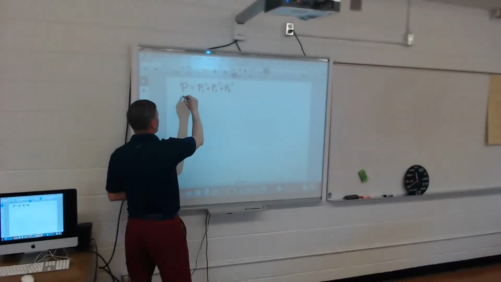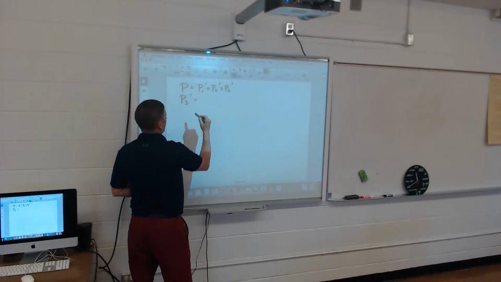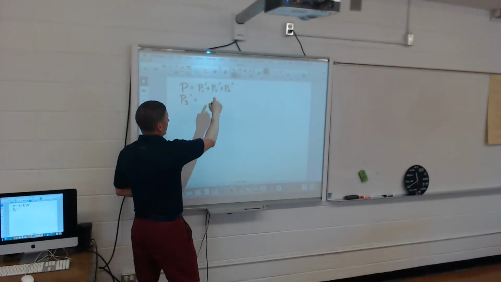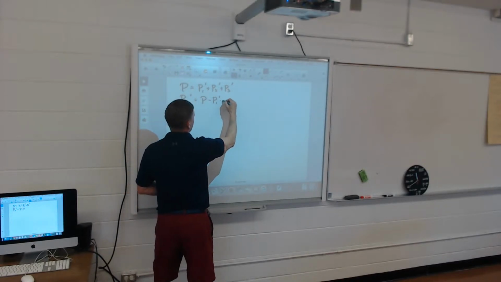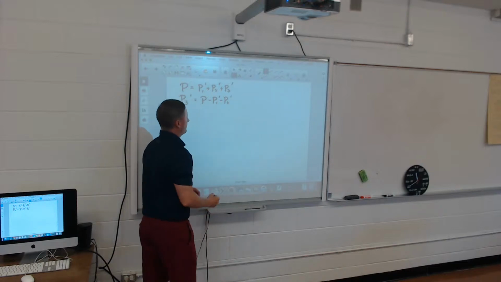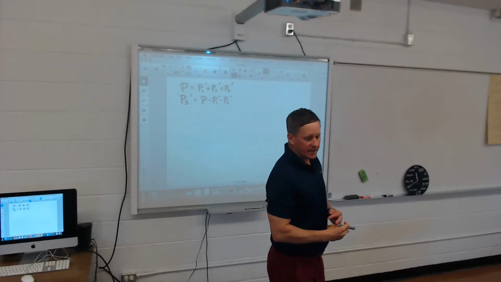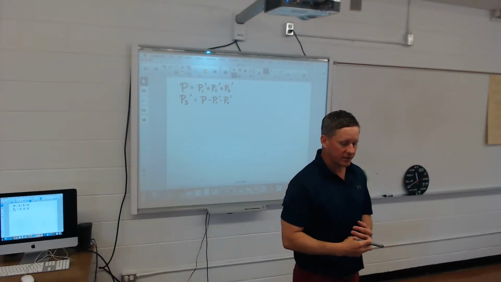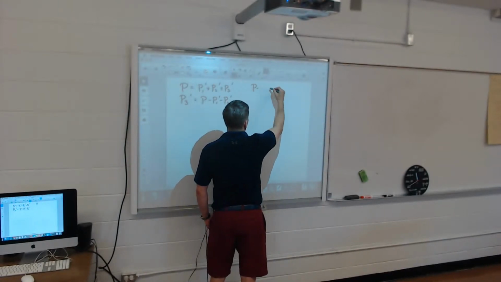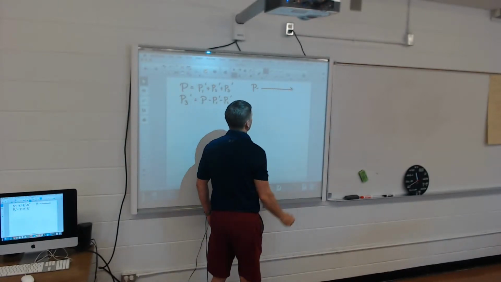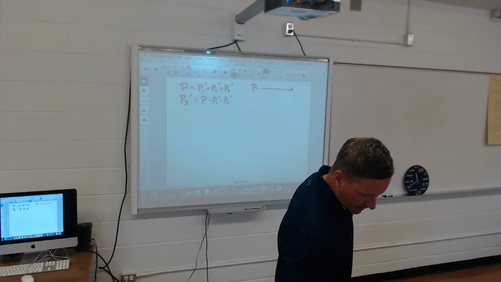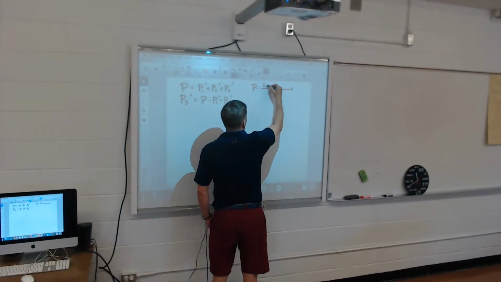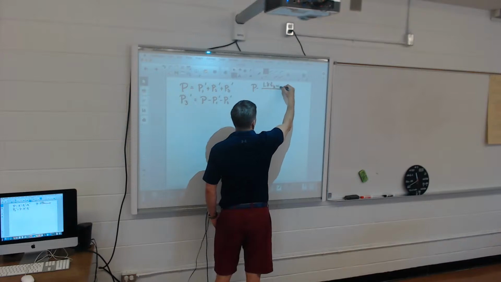Okay, so if you recall, I have to arrange this differently. I need to find P3. So I go P minus P1 prime minus P2 prime. So what I need to do right now is draw out the individual vectors for this. My P is 1.2 times 1.5, which gives me 1.8 kilogram meters per second east.